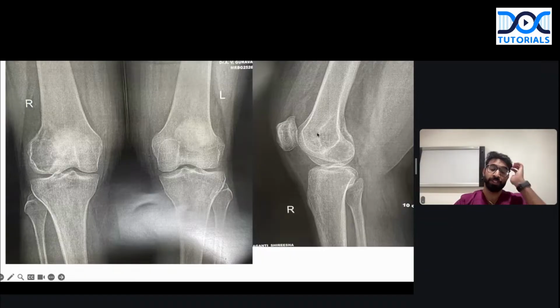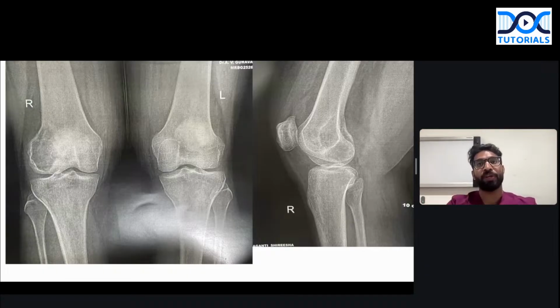The first thing you need to think, whenever you get a 29-year-old female with pain in the right knee for 4 months with difficulty in walking and a lytic lesion, is that you should never come to a diagnosis straight away by looking at this. You should always try to say the differentials. So what are the differentials that you need to think about?